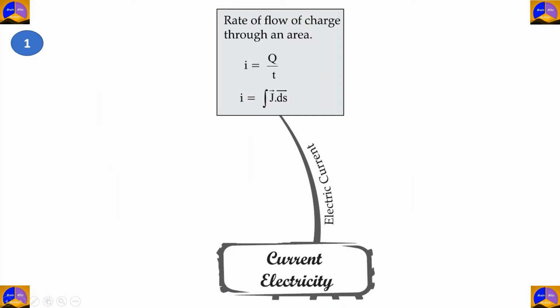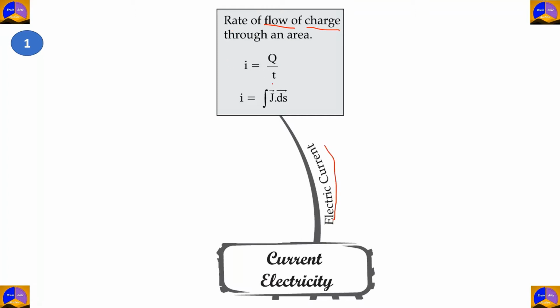So the chapter is current electricity, and we start off by looking at what is electric current. Electric current is the rate of flow of charge through an area. Now, in your earlier chapters, you know that charge is an inherent property of matter, and the flowing of charge is known as electric current.